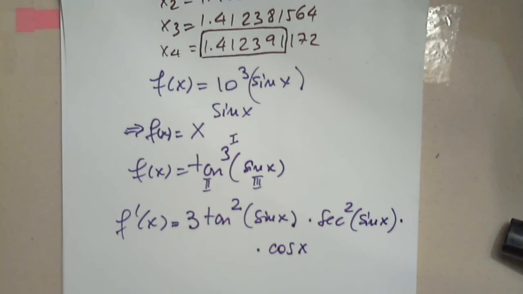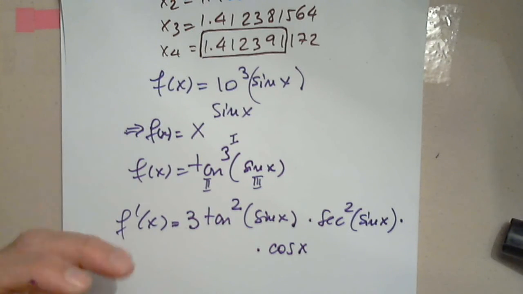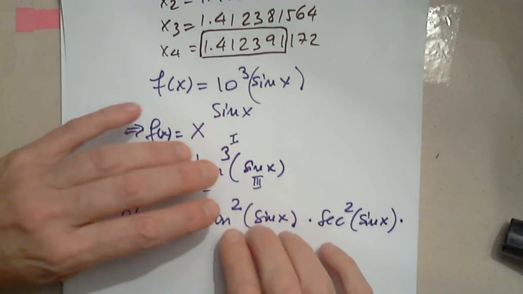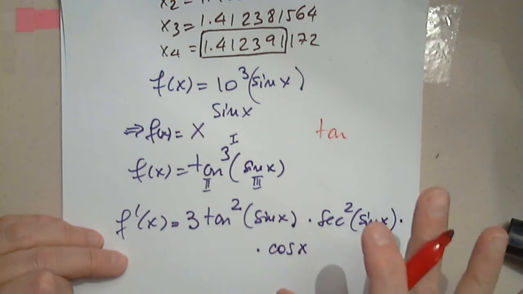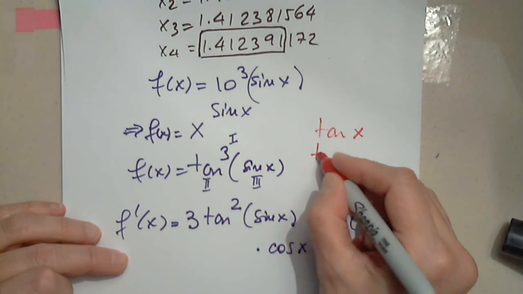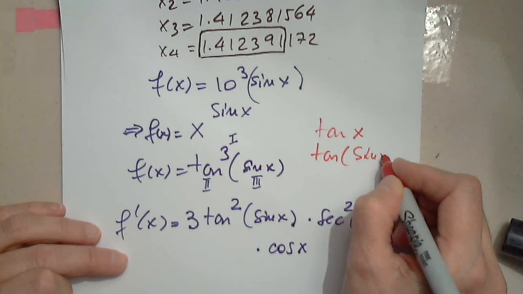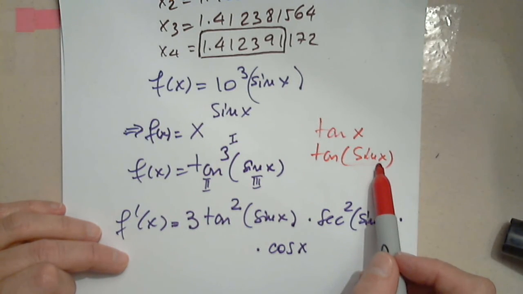So if you do that, do you simplify even further? You can't. They're all products. So remember, tangent does not exist by itself. Tangent of x exists, or tangent of sine x exists. So tangent has to have an argument.